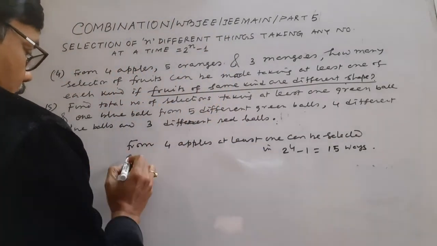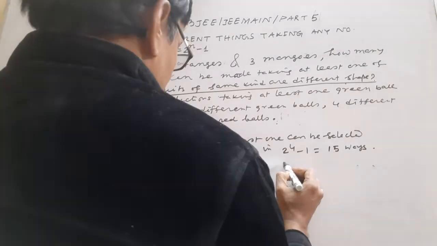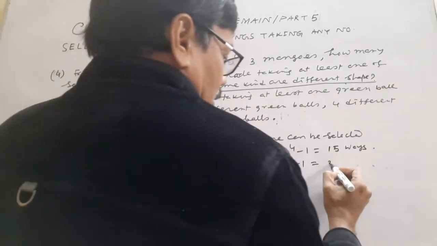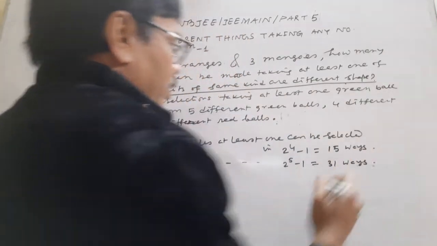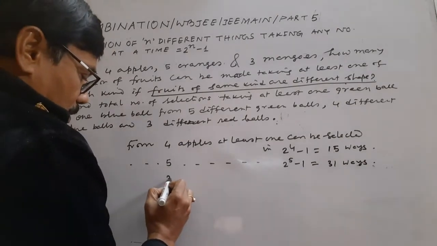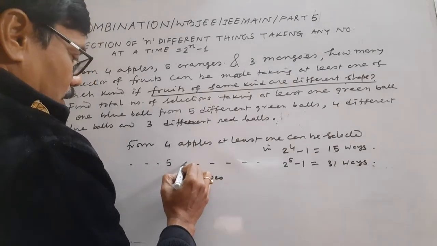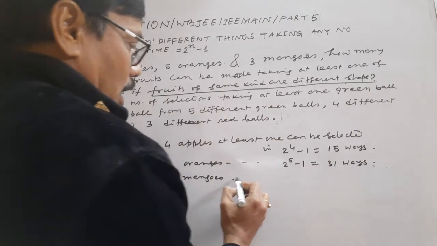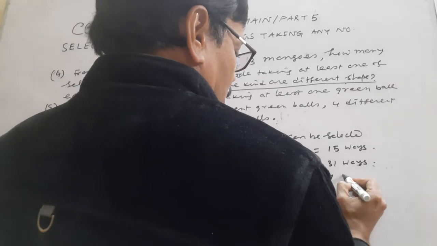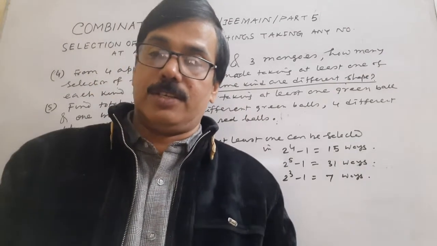Now from 5 oranges, at least one can be selected in 2 to the power 5 minus 1 equals 31 ways. And from 3 mangoes, at least one can be selected in 2 to the power 3 minus 1, so 7 ways, taking at least one from each kind.